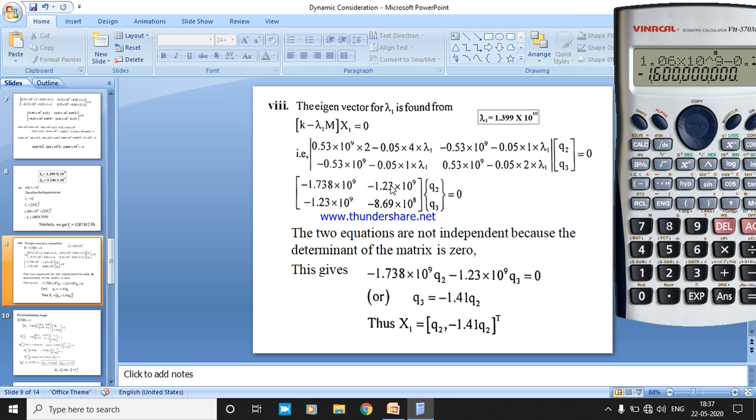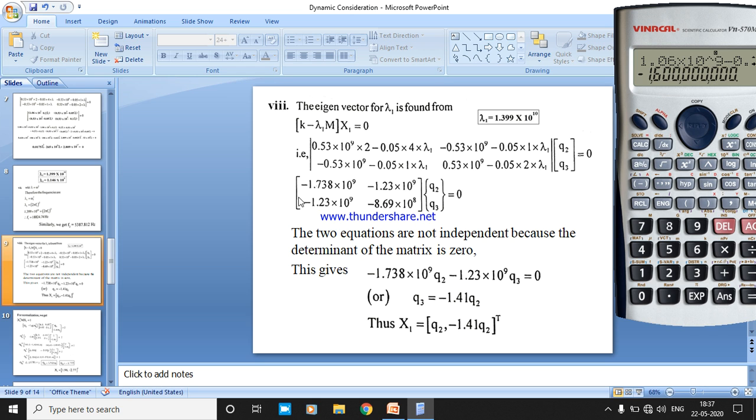Same thing you calculate for the others by substituting lambda 1. We get this value. Now again the two equations are not independent because the determinant of the matrix is 0. So I can't solve this using any ordinary method. Now I am going to solve using a matrix method, the eigenvalue, eigenvectors method.